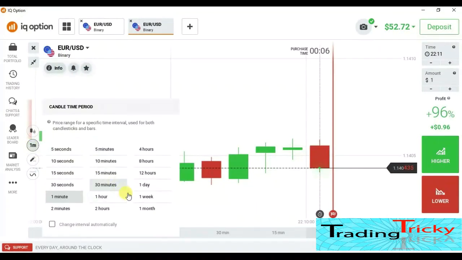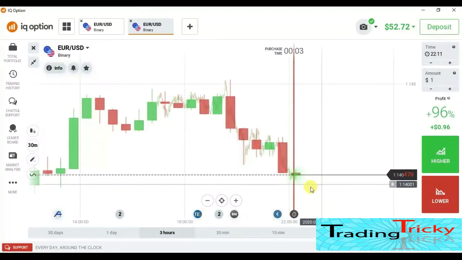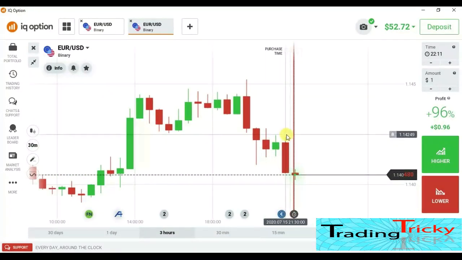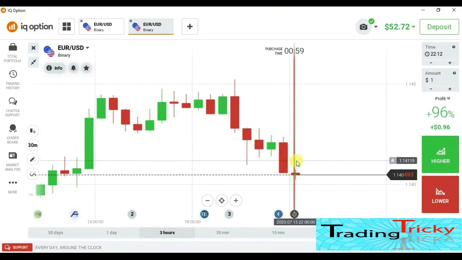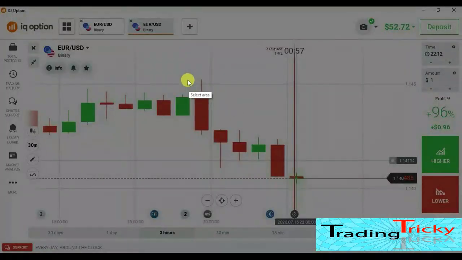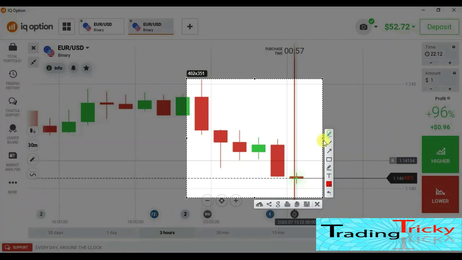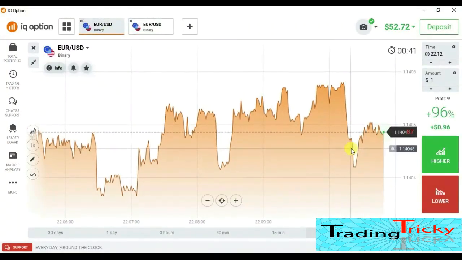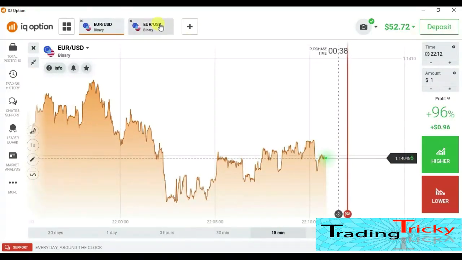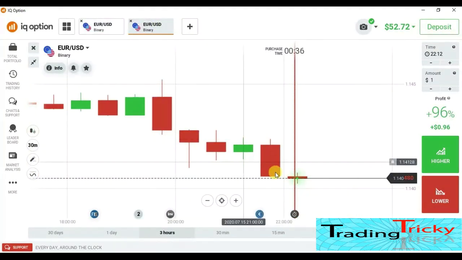Like when you look at the 30 minutes, there are strong sellers, but it doesn't mean that candle formed directly something like this, open price, then it went up and closed here. No, there is a lot of history, something like this, and then it closes here. So if we look at this chart, and if we look at this candle, this is 30 minutes.